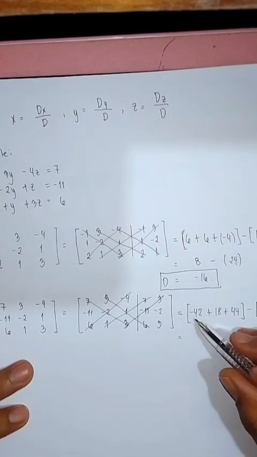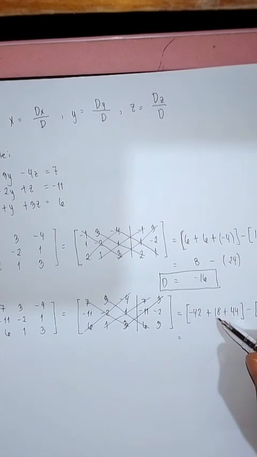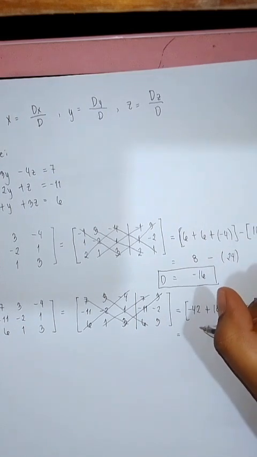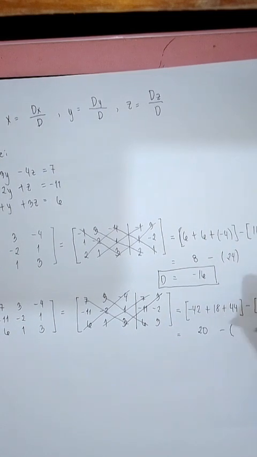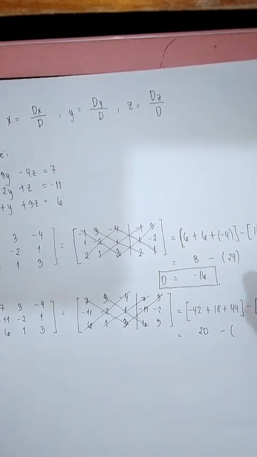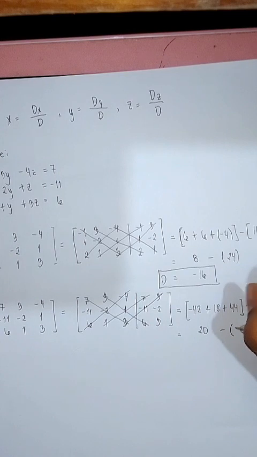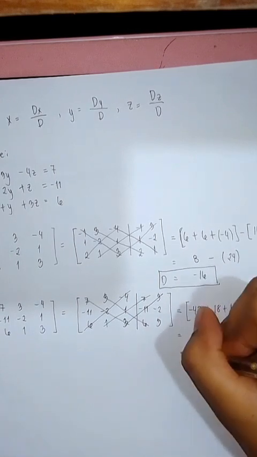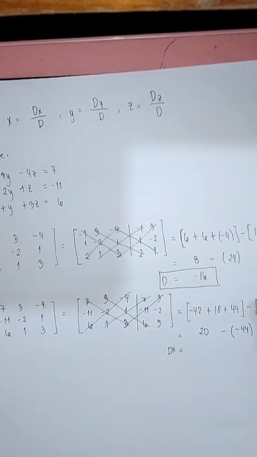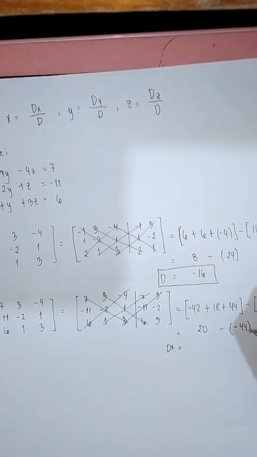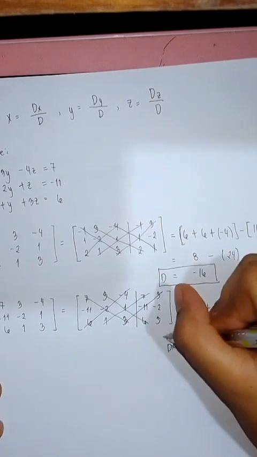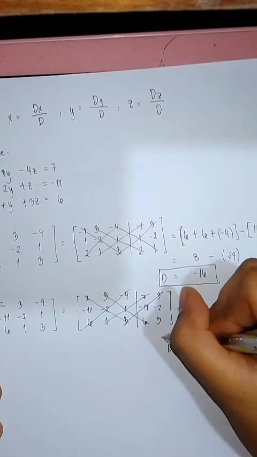So this is negative 42 plus 18 plus 44 is 20, minus 48 plus 7 minus 99 is negative 44. So our D sub x is 20 minus negative 44, which is 64.